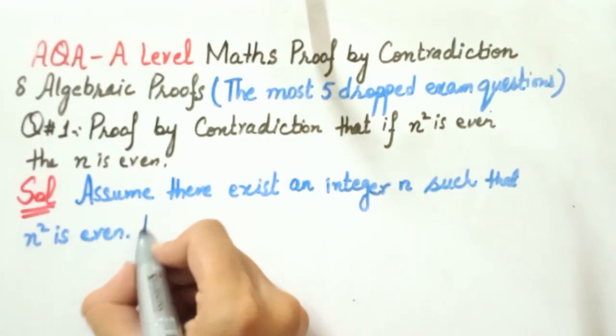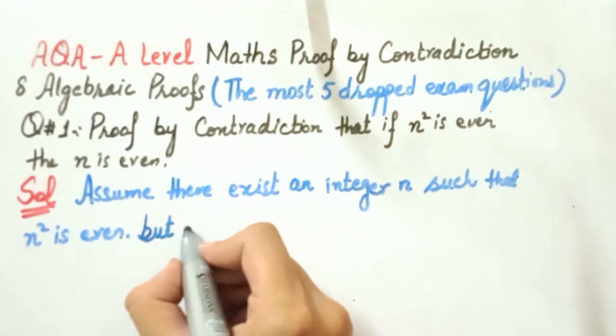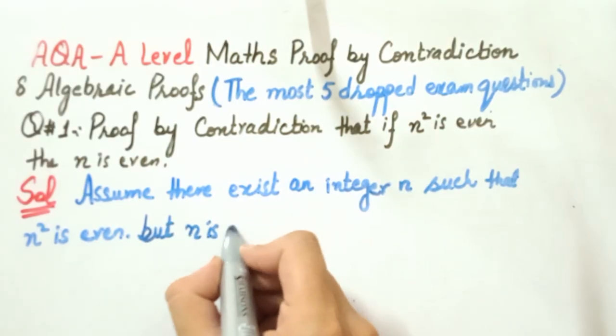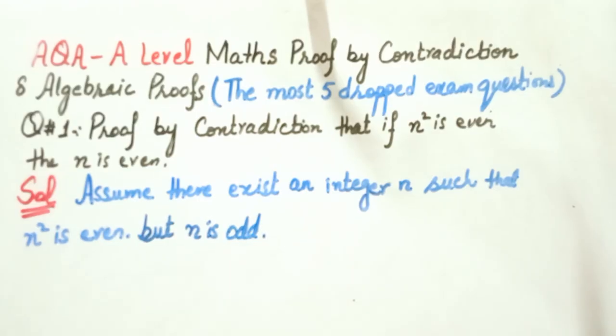But n is odd. So notice what happens here. We kept the condition about n square being even, but we flipped the conclusion.